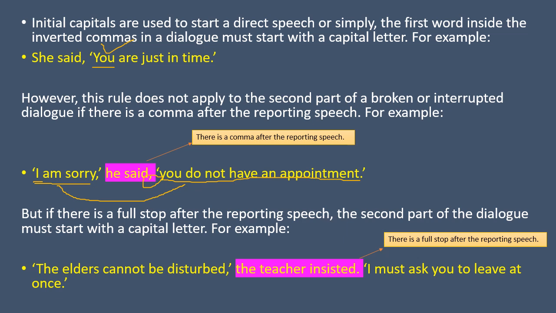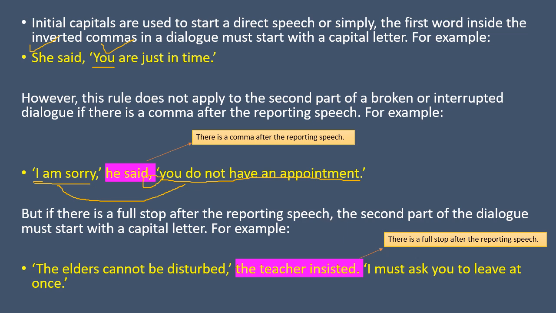You could see that the sentence starts here, and this is capital. Why? Because it is the first word inside the inverted commas. This is a lowercase letter because we don't have a full stop here and it is interrupted speech. This rule does not apply here.